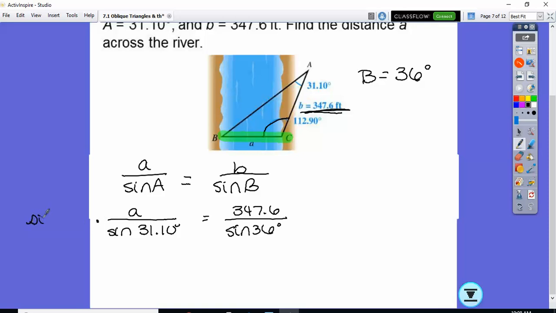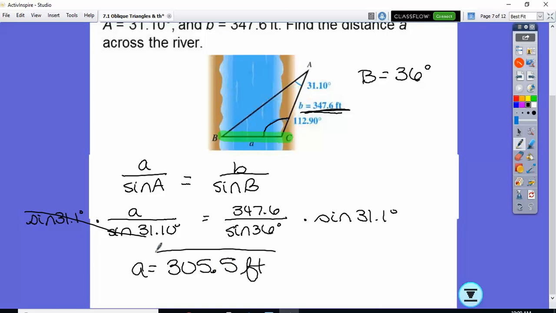So to get A by itself, we just have to multiply over the sine of 31.1. And I get the distance across the river to be 305.5.